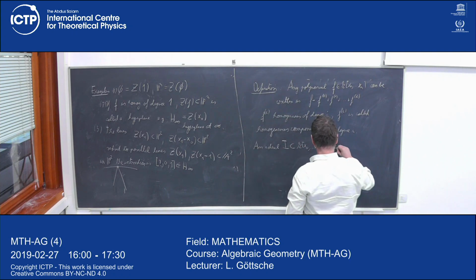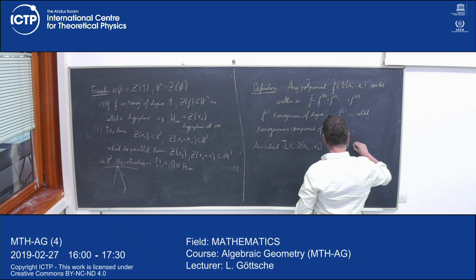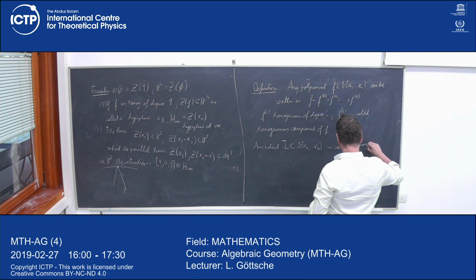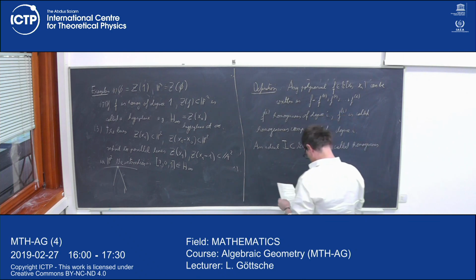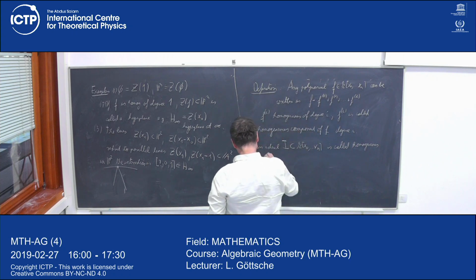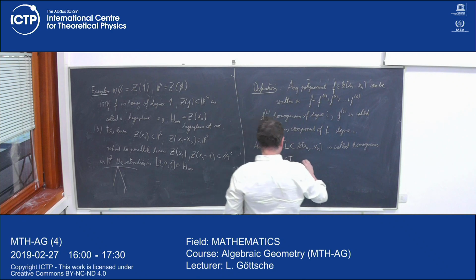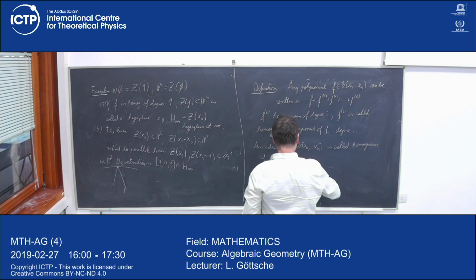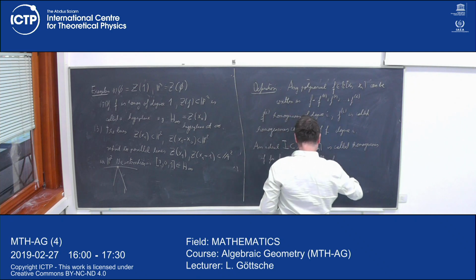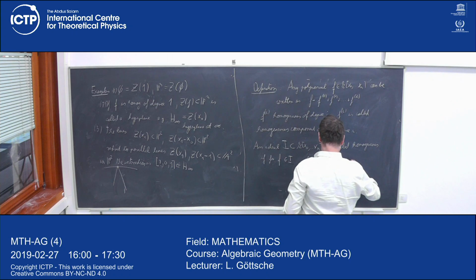It's called homogeneous if for every f in I, also all homogeneous components fd are in I.